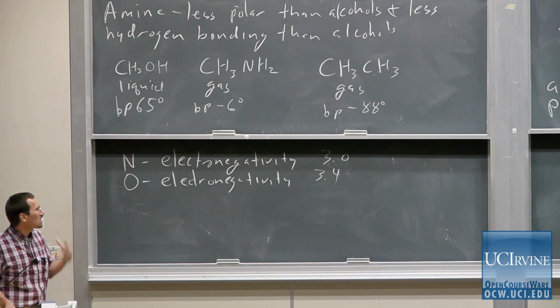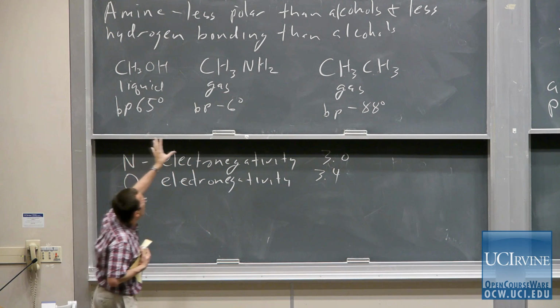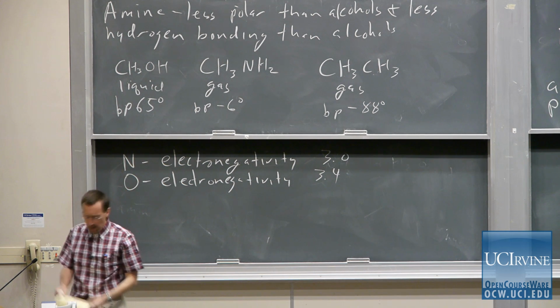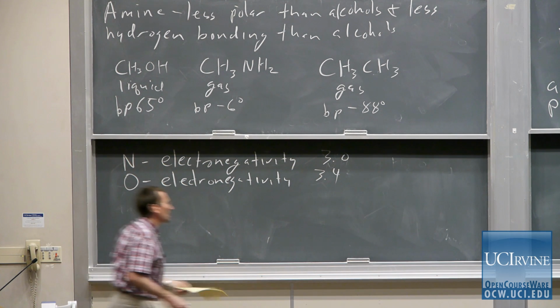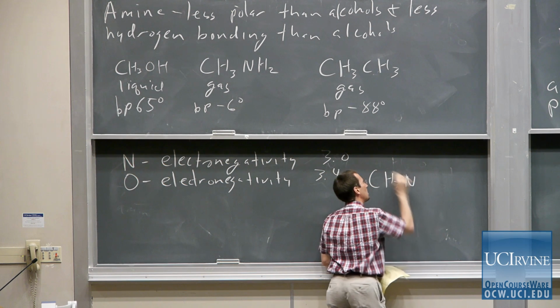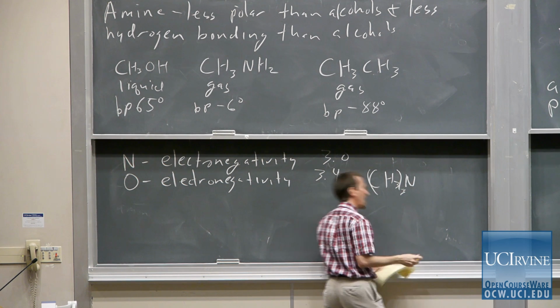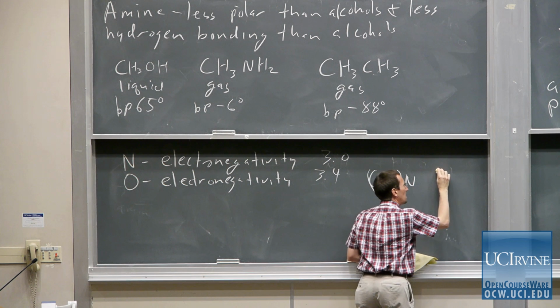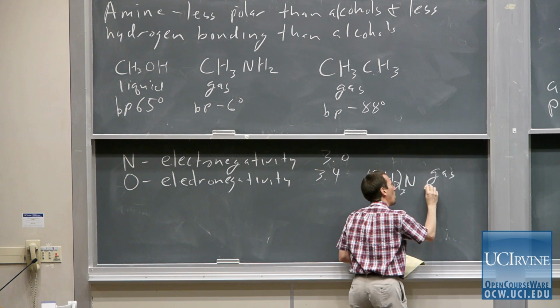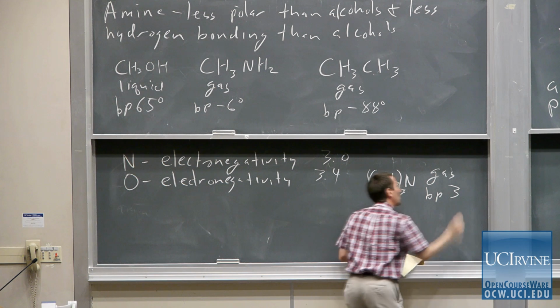And if you want to now separate out the hydrogen bonding component from the dipole-dipole component, I'll give you another comparison. We'll look at trimethylamine, N(CH3)3. That's a gas. Its boiling point, though, is just above freezing of water. Its boiling point is 3 degrees.